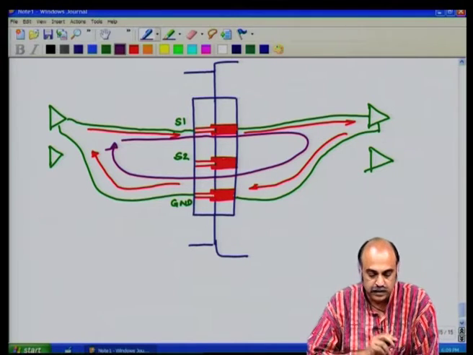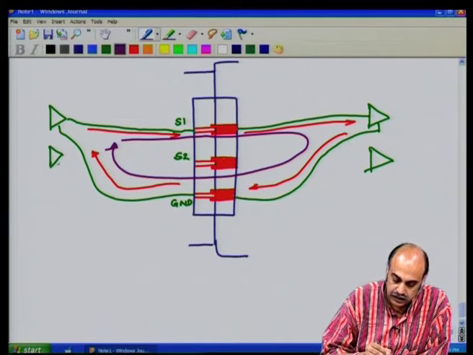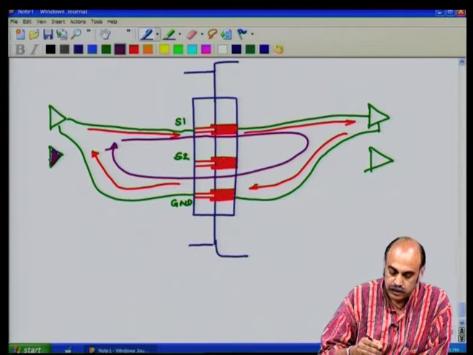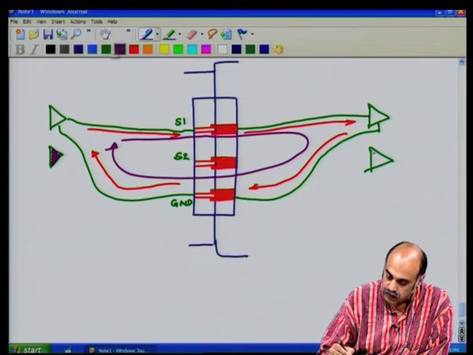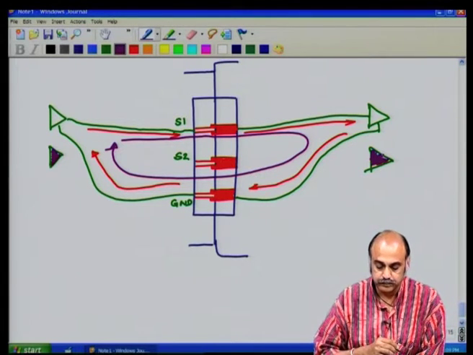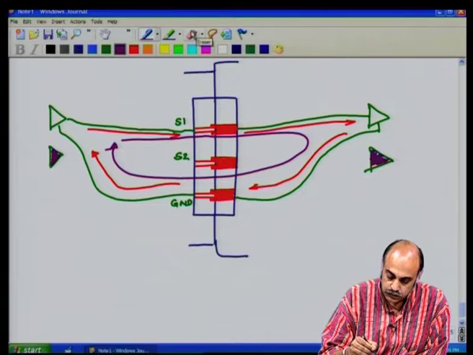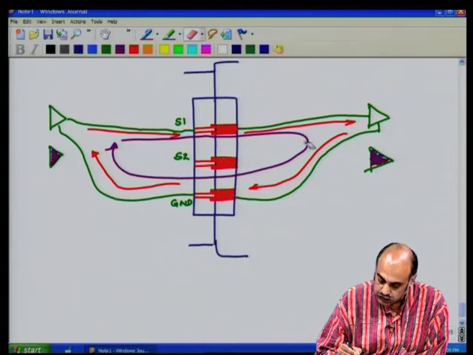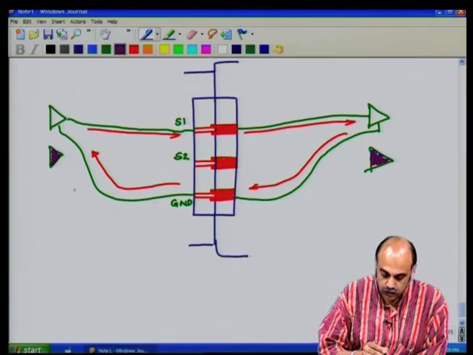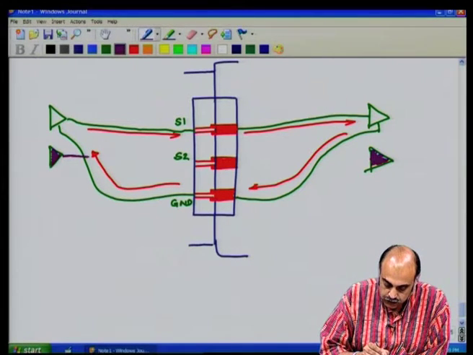For example, let us say you have another driver here, as I have shown. Let us say this is the other driver. Let me show it in another color, and this is the receiver corresponding to that driver. Now, let me remove this and draw the track for this driver.